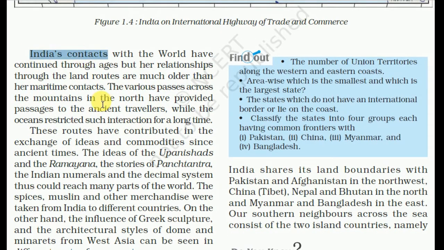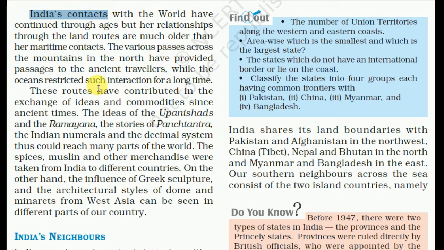India's contact with the world has continued through the ages, but our relationship through land routes is much older than the maritime contact. The various passes across the mountains in the north provided passage to ancient travelers, while the ocean restricted such interaction for a long time. Because at that time ships were not available, or sea routes were very little used.